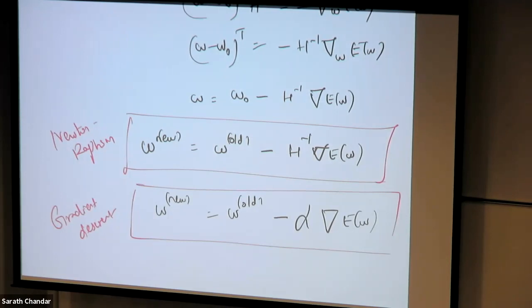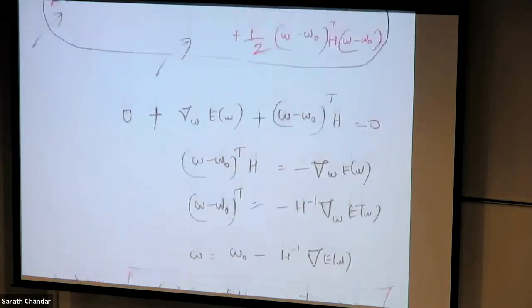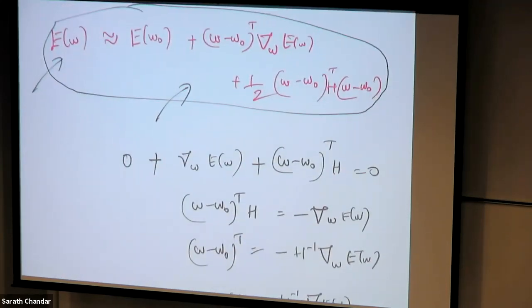Now, the first observation is, if you have a quadratic error function, then this second order Taylor series approximation that we have is actually not an approximation. It's going to be exactly equal for a quadratic error function, because quadratic error functions don't have power 3, so the rest of the terms become 0 in the Taylor series.